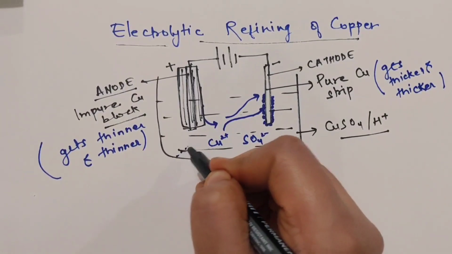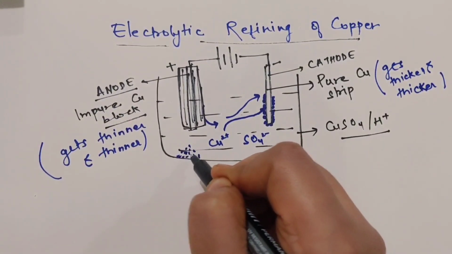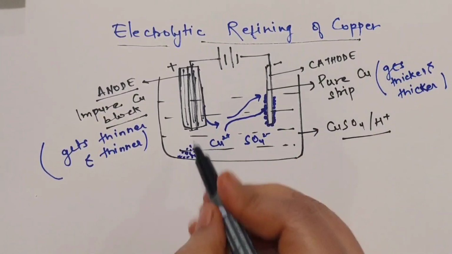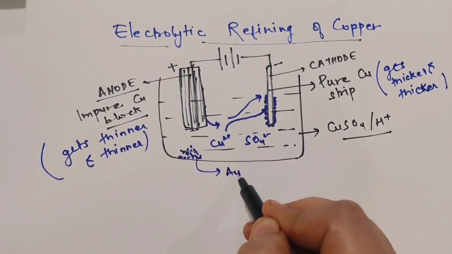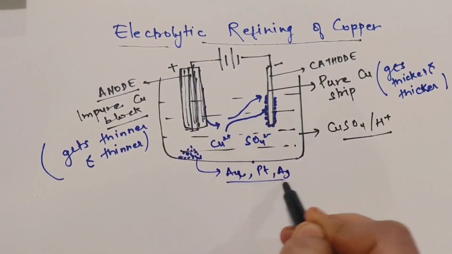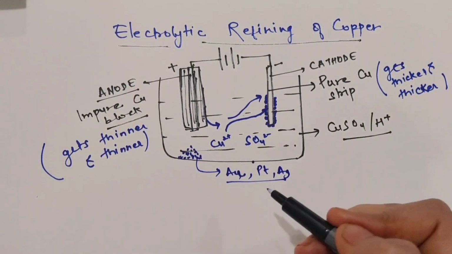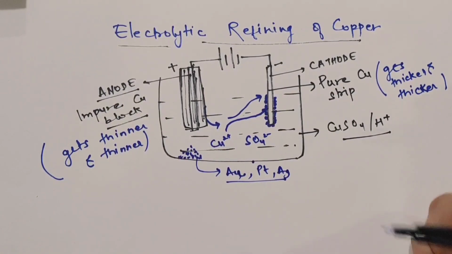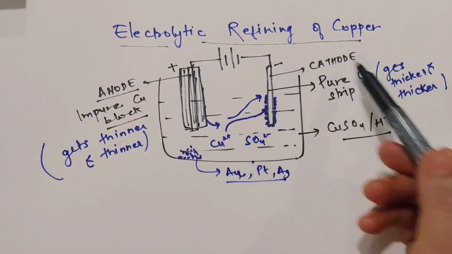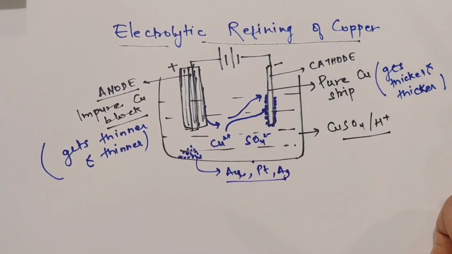These impurities will pile up under the anode. Okay, these impurities are basically usually gold Au, or platinum or silver. These are less reactive metals, so they will not form ions. Okay, copper, comparatively more reactive, will form ion and will get deposited onto the cathode.